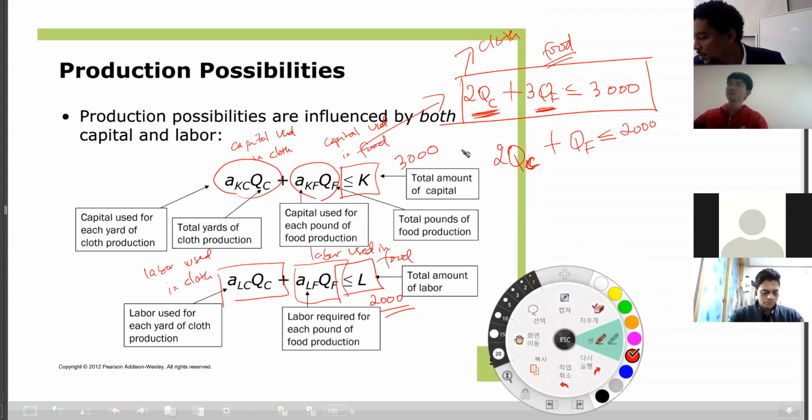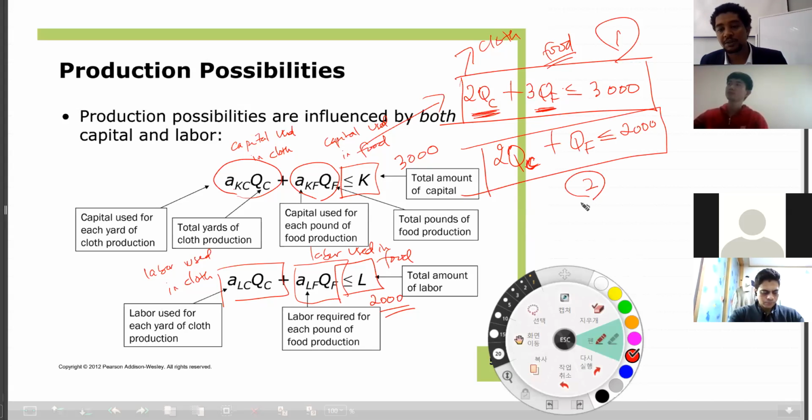Because that is the maximum we have. These are the 2 functions we have: this for capital requirement, and this is for labor requirement. So keep in mind this too.